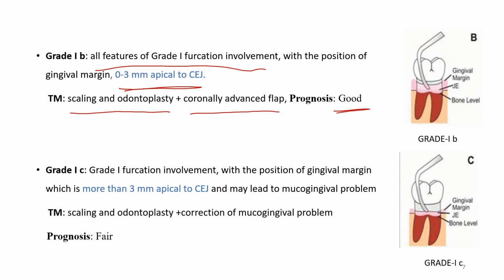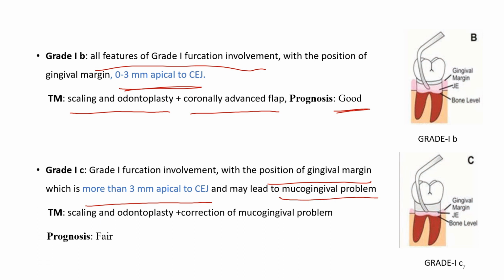Now grade 1C. Again, all the features of grade 1 furcation involvement which are common, that is no radiographic changes, initial furcation involvement will be there, elementary initial lesion will be there with the position of gingival margin more than 3 mm apical to CEJ. And since there is more gingival recession, so there will be more mucogingival problems.